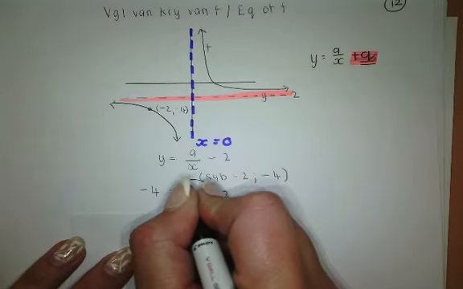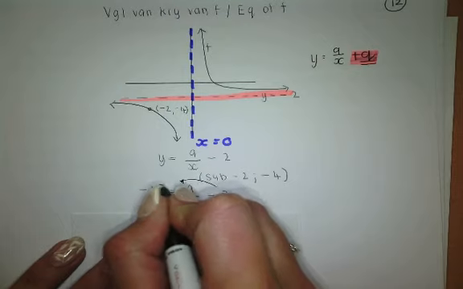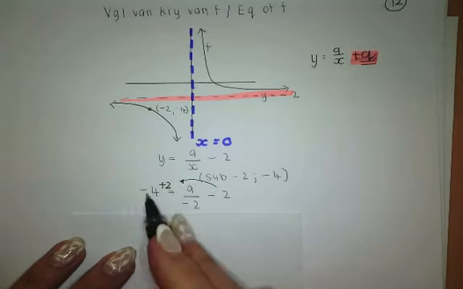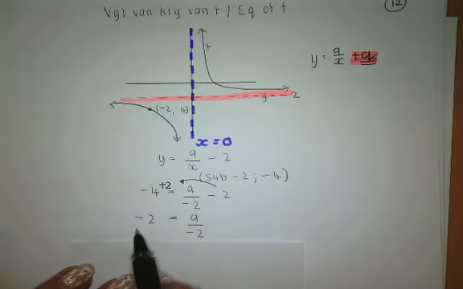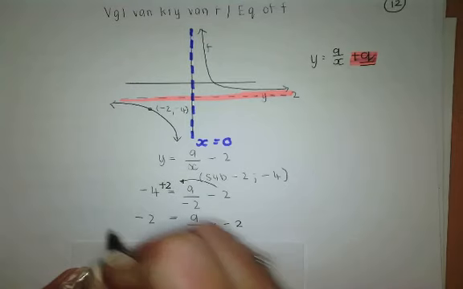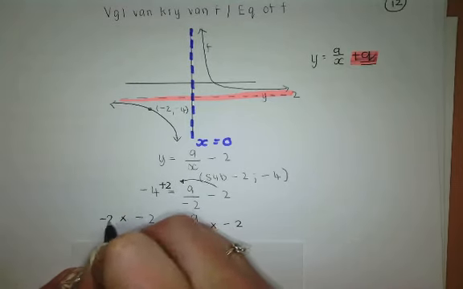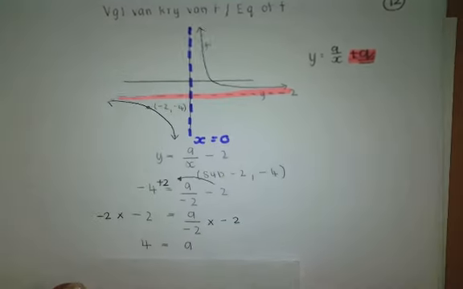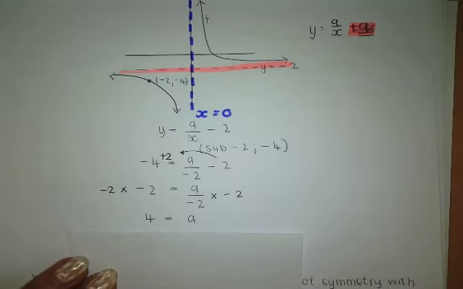Solve for a. Take that minus 2 over, it becomes a plus 2. Minus 4 plus 2 is minus 2. Times both sides by negative 2. So a's value is positive 4.